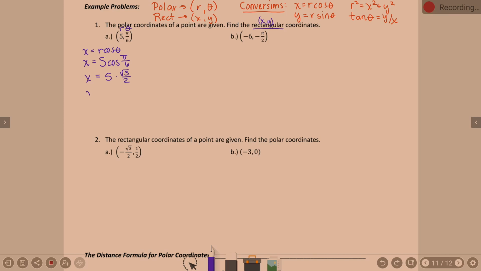I honestly don't remember what the answer key does, but you could leave this answer as 5 square root of 3 over 2. That is an option. Now, I do have the decimal next, so grab your calculator and get the decimal answer. I don't see many decimals in homework, though.